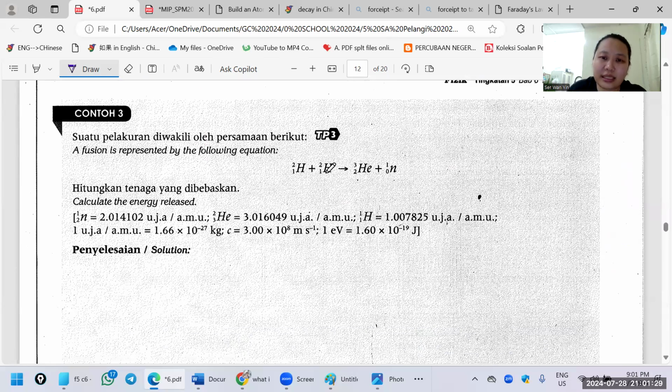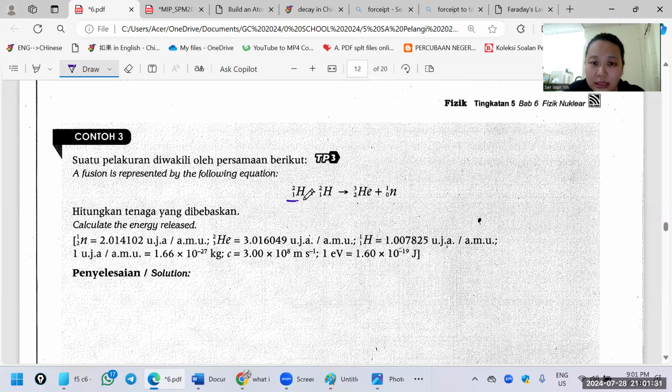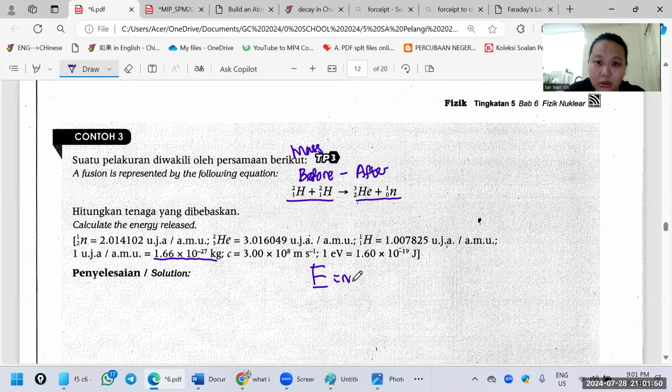Okay, so all like that actually, so you just sum up these two minus these two. You use the mass before minus the mass after, in AMU. Then change back to kg. Substitute E equals mc squared.